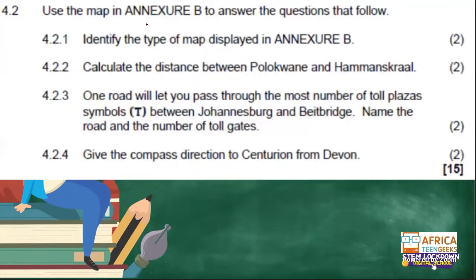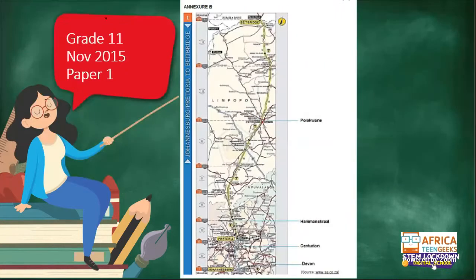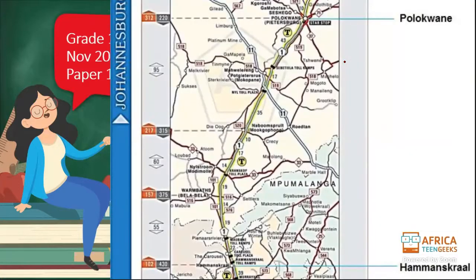First question, identify the type of map displayed in Annexure B. What type of map is this one here? A close up, you can see the close up.